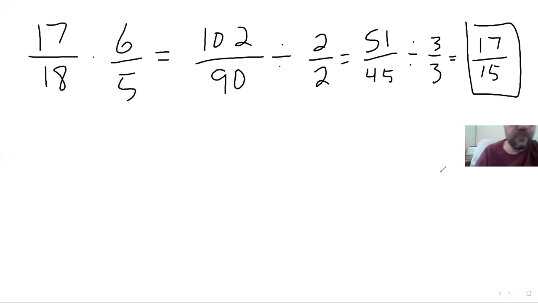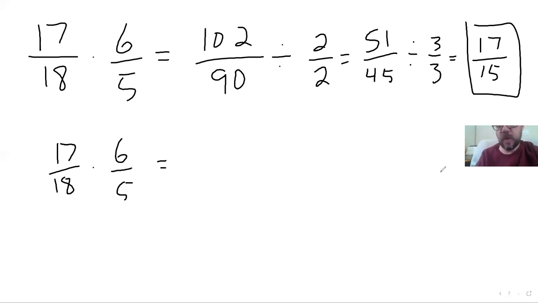And here's the better way. What I can do is do all that canceling before I multiply, while the numbers are still relatively small. I can notice that 6 goes into 18 and then divide a 6 out of the top and bottom.